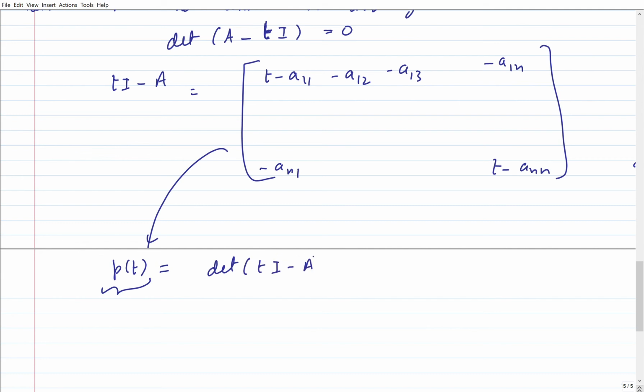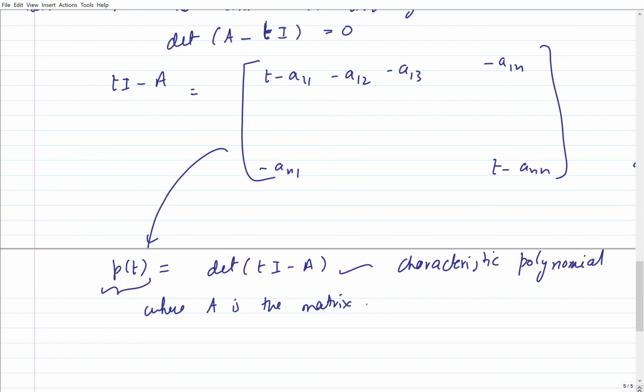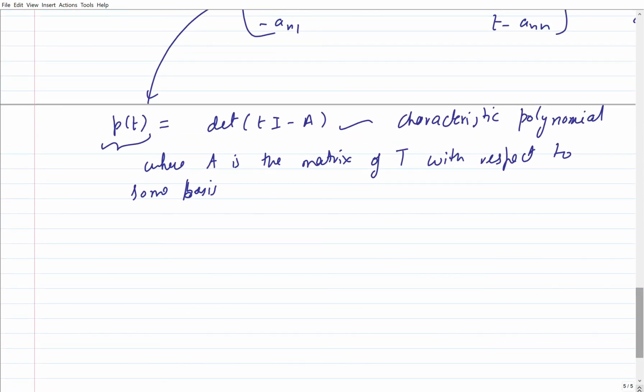I represent it by a symbol, and this is known as the characteristic polynomial, where A is the matrix of T with respect to some bases, and the eigenvalues are nothing but the roots of the characteristic polynomial.